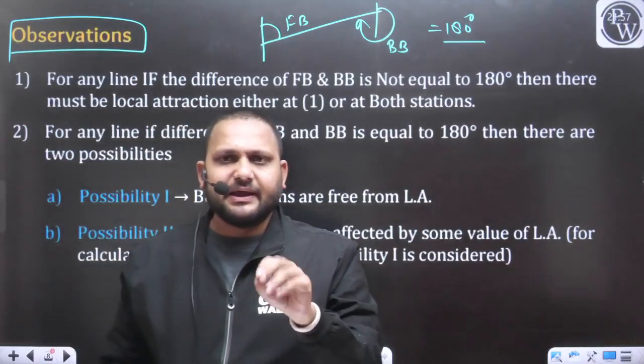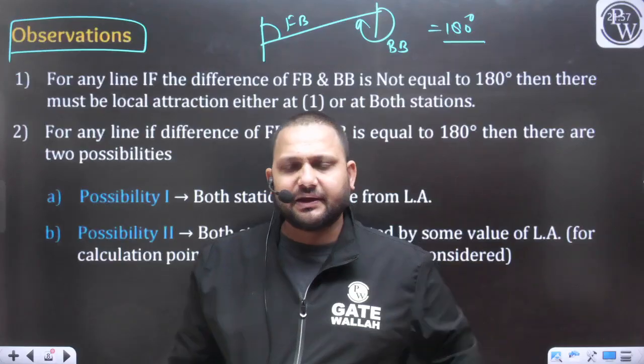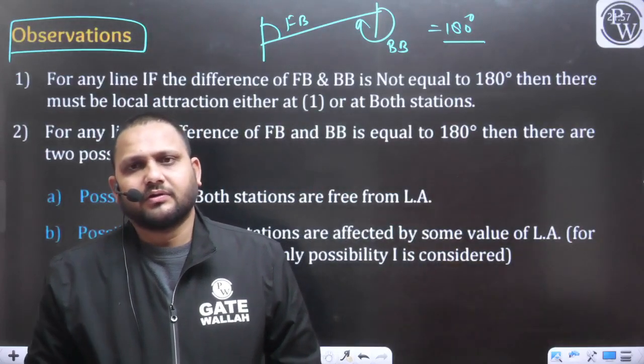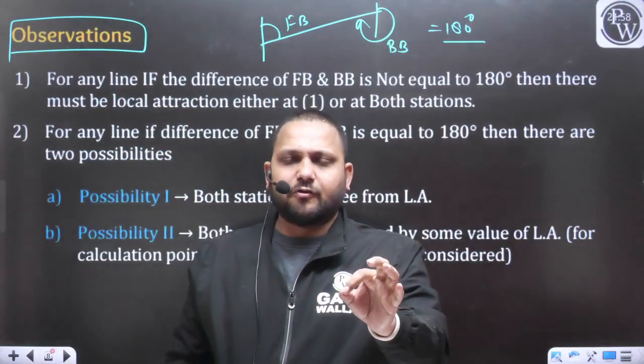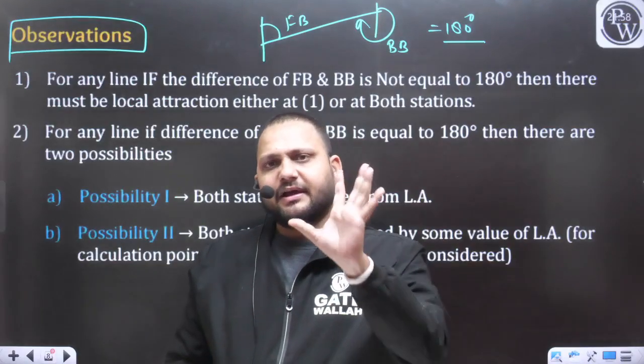Either the fore bearing is incorrect or the back bearing is incorrect. Yes or no? There must be some error. That's why you are not getting the difference of the fore bearing and the back bearing as 180 degree.